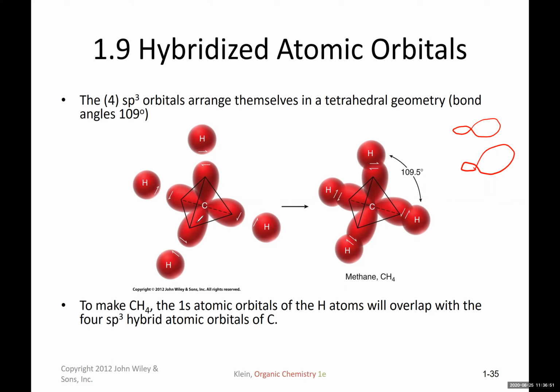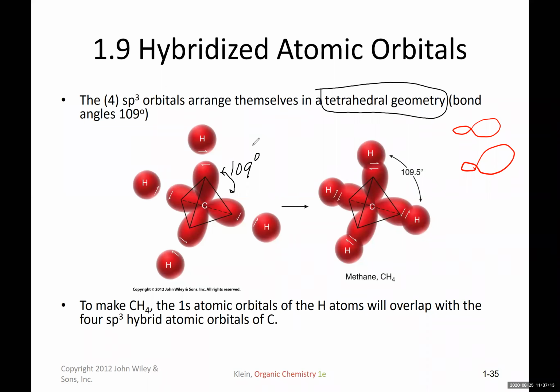And that geometry is a tetrahedral geometry, where the bond angles between these orbitals are 109 degrees. In that way, the electrons in those orbitals are as far apart as possible.